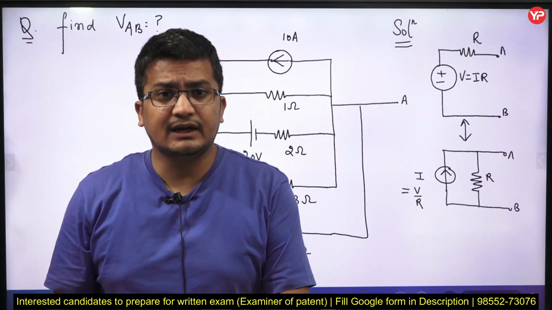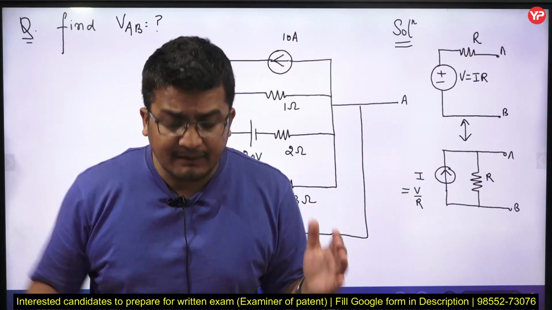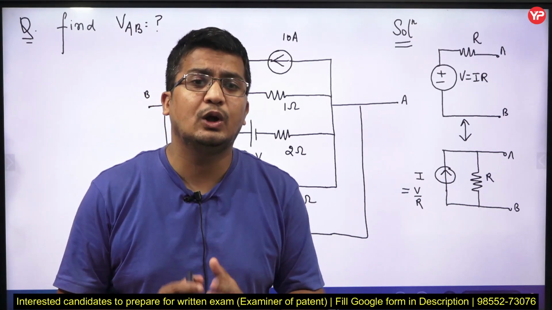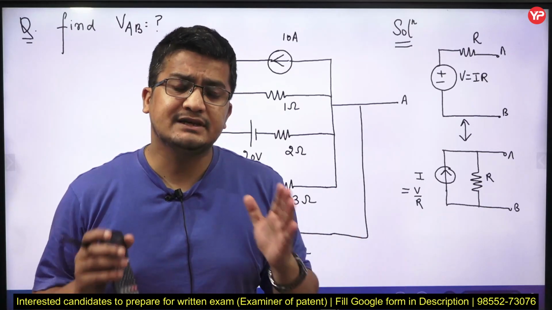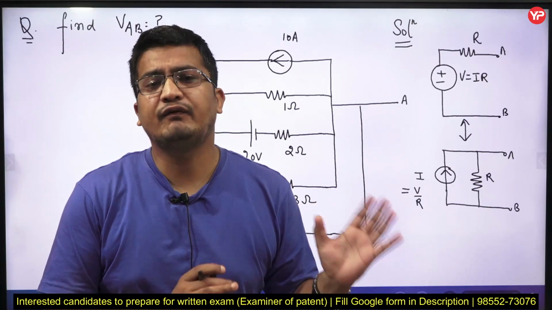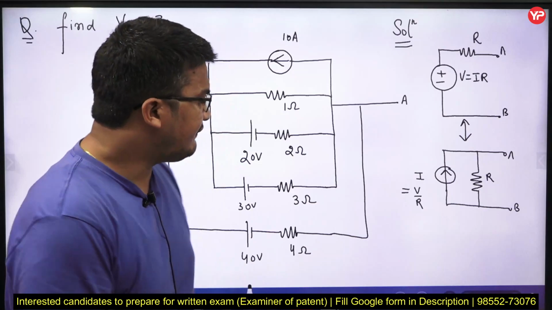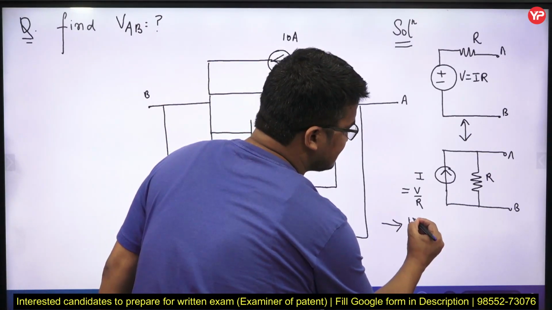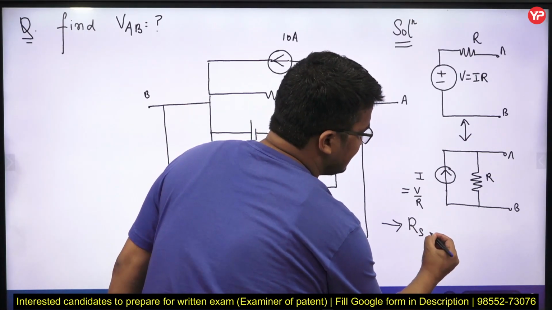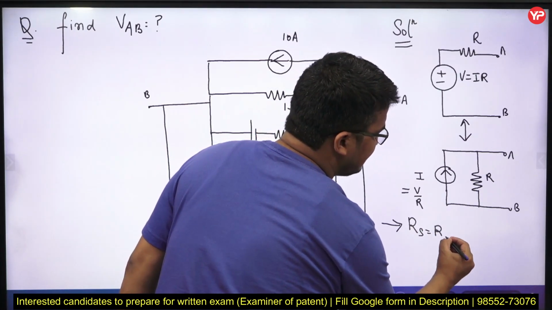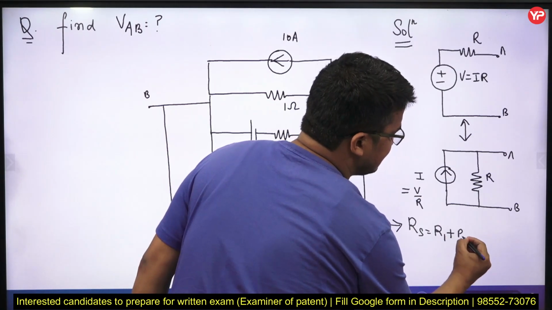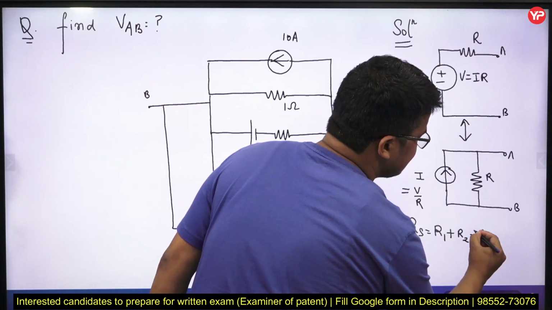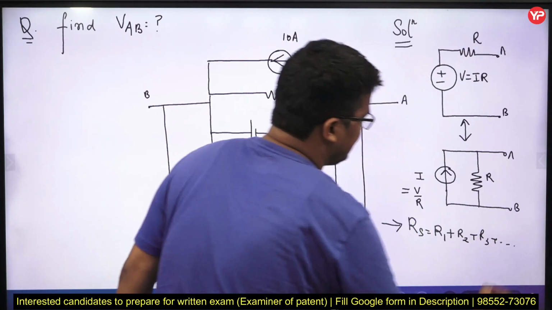I told you earlier there are many ways of doing it, but I am solving this question as a beginner, as a person who doesn't know a lot about the theorems. I'm just taking myself to the basics of electrical engineering. If you have resistances in series, the series equivalent is found by simply adding all the resistances: R1 plus R2 plus R3, and so on, whatever resistors you have.